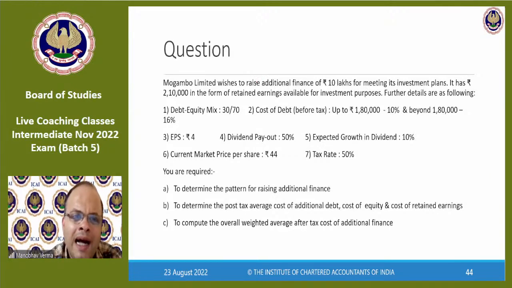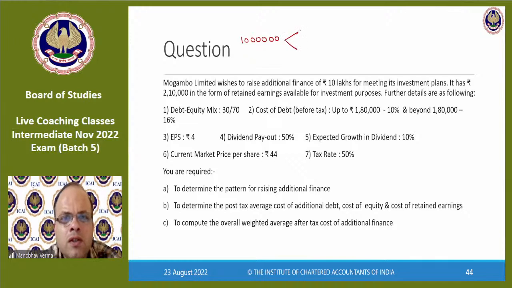If you're calculating 553 and you add the retained earnings of 210 to 553, will your mix be 30 to 70? I doubt it. How much do you want to raise as additional finance? 10 lakhs. So your equity and debt: debt is 3, equity is 7. So equity will be 7 lakhs and debt will be 3 lakhs.